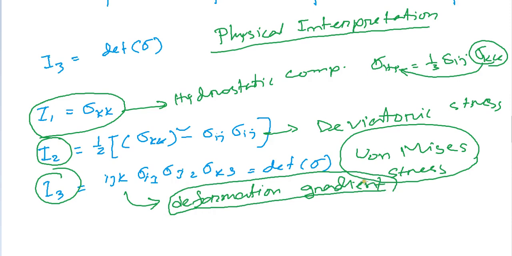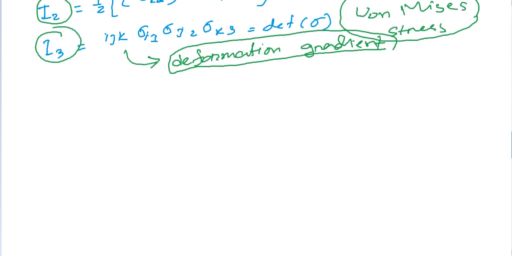In that case, I3 is Vf divided by V naught, the ratio of the deformed volume to the initial volume, which is 1 for incompressible materials. So this is the determinant of that.